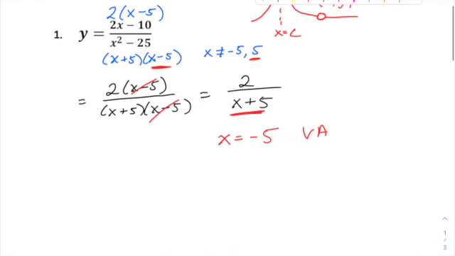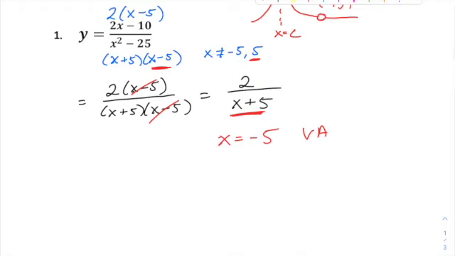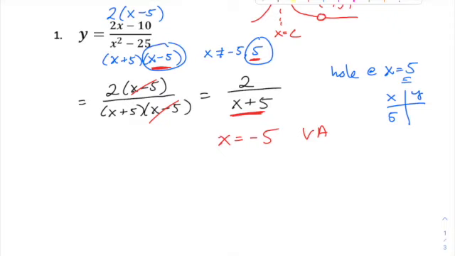The hole, however, is at this x value of 5, which came from this x minus 5, which canceled. But we need to find the y coordinate of that hole. And how do we find the y coordinate that goes with an x value? Well, you plug it into the function. Now that the x minus 5 is canceled, you can plug 5 into the reduced function and it won't be undefined anymore.